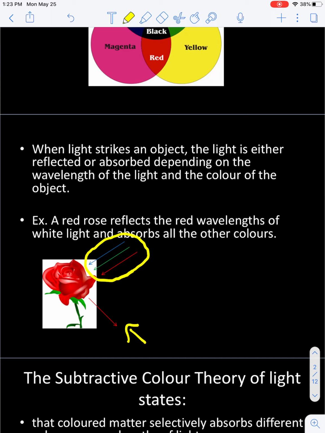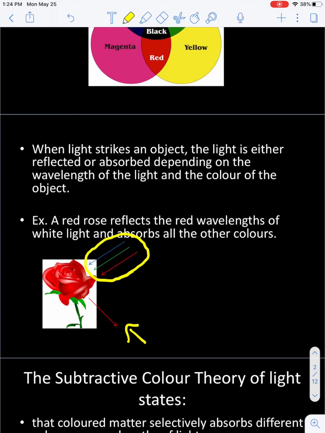Okay, so that's every color we see: it's just a matter of which colors are reflected off of an object and into our eyes. So when we say a rose is red, it's actually reflecting red light and absorbing the other colors. So I have a question for you.